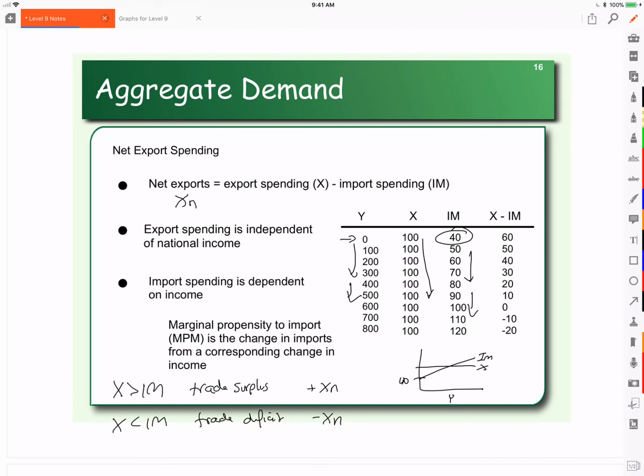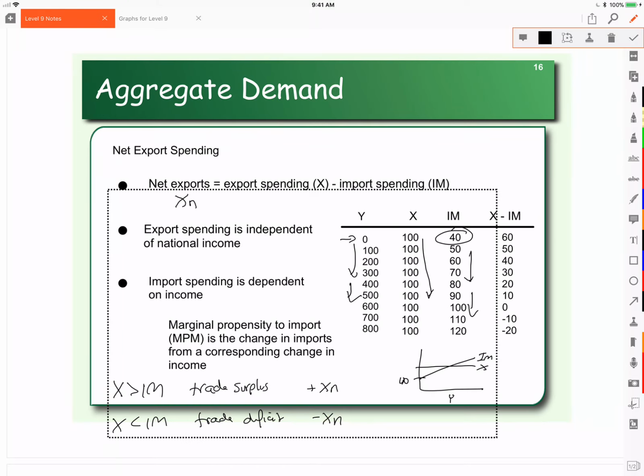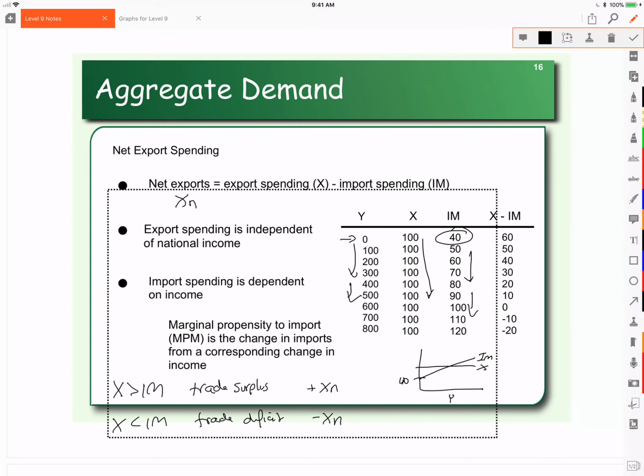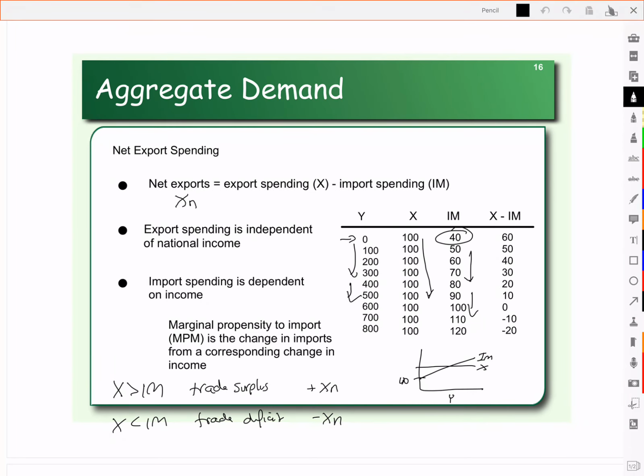So what we're going to do first is we're going to graph our imports and our exports separately, like on this graph that you see here, and then that'll help us understand whether we have a trade deficit or a trade surplus. Then what we're going to do is we're going to actually calculate net exports, and that's going to help us with aggregate expenditures.